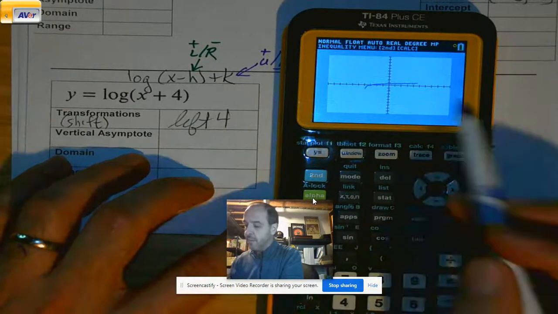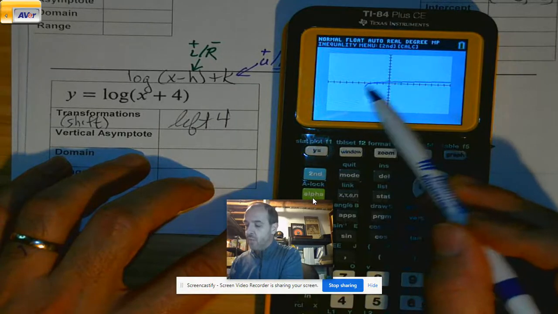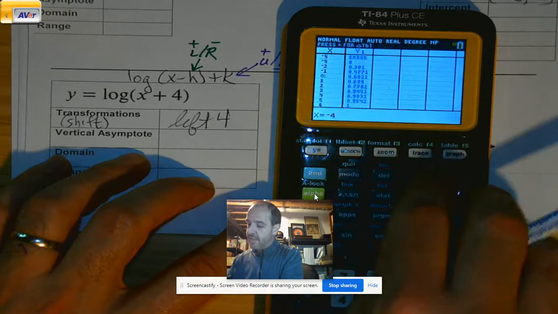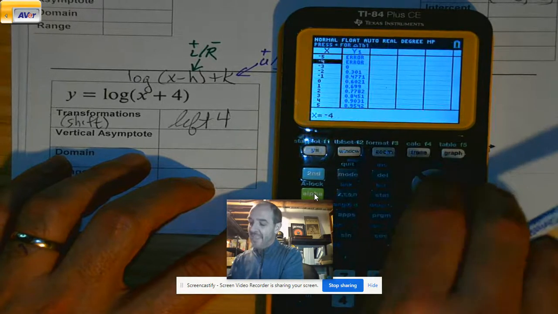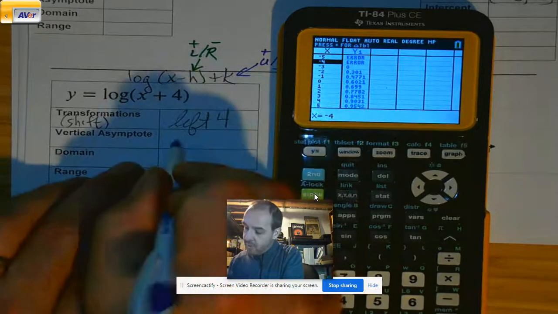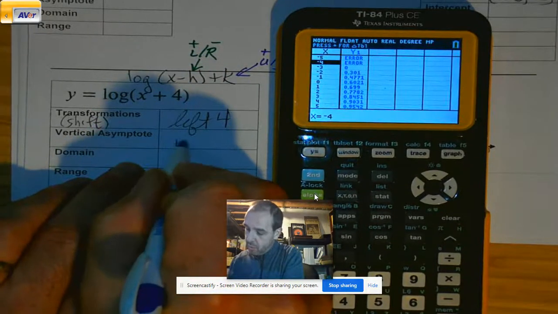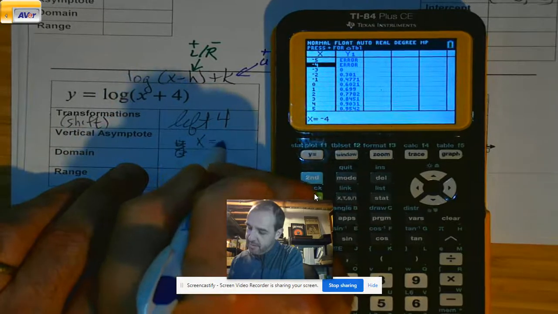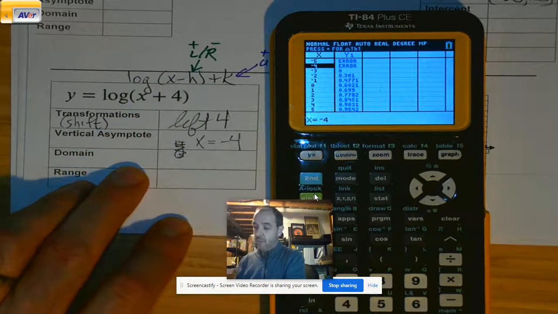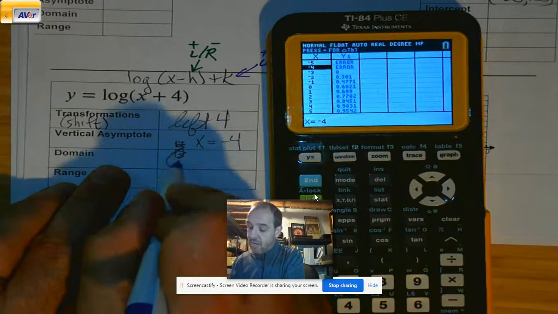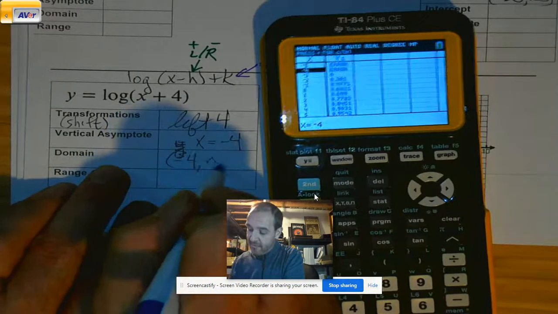Notice my graph is starting over here. If I look at my chart, where does the error message start? That's where my asymptote is. If I want a little extra help, my asymptote, oops, not y, Hardy. This is not a growth function. It is at x equals -4. My domain, therefore, starts at -4.